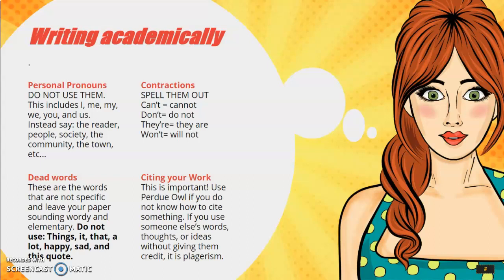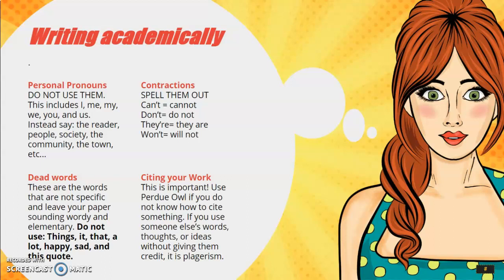Sometimes you can just take the word that out. Sometimes you need to change the sentence and rewrite it so that the word that is not necessary. I also don't want you to use the words a lot, happy, sad, and do not write this quote. You've led into the quote, put quotation marks around it so we know that it is a quote. Please do not say this quote in your paper anywhere.